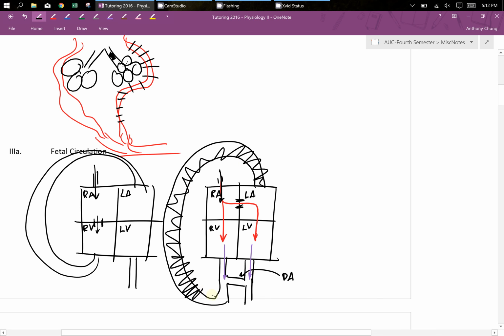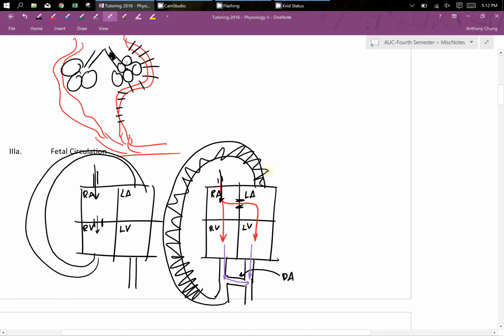Which way will blood go? It wouldn't go in that direction. It would go through your ductus arteriosus. And that's the reason why blood goes into your ductus arteriosus in the first place. It goes into your ductus arteriosus because your pulmonary vasculature is all vasoconstricted because there's no oxygen in it.